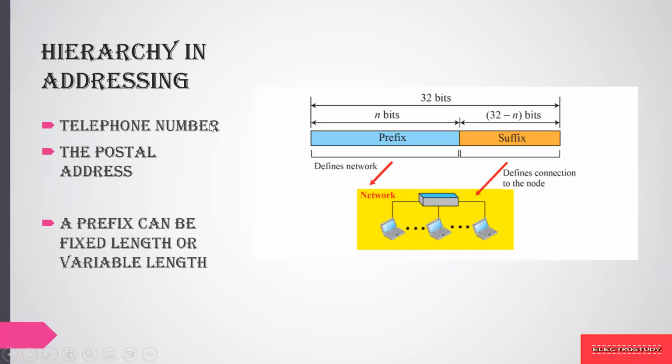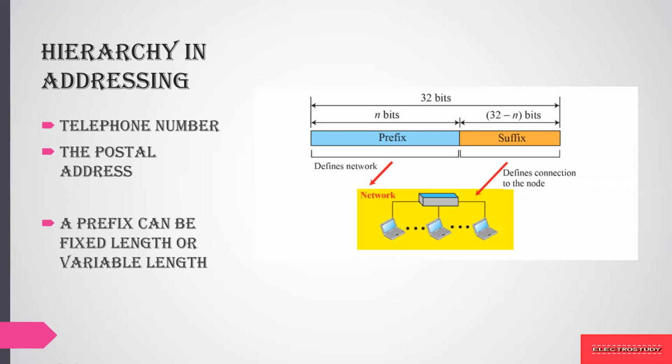Next is hierarchy in addressing. For example, in a telephone number, we maintain a hierarchy for each country. If it is India, it is plus 91 followed by a 10-digit number.